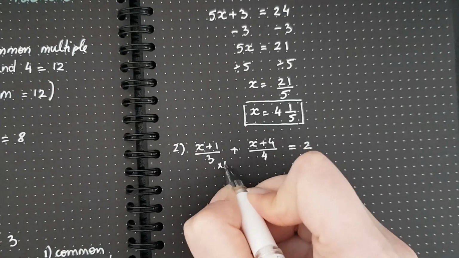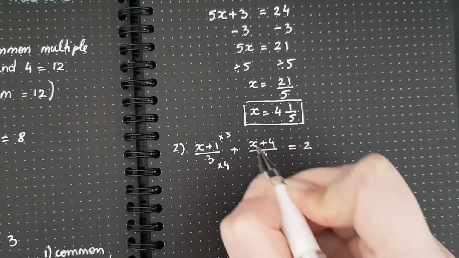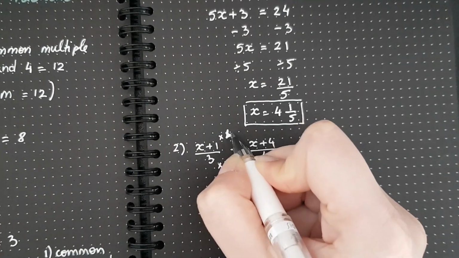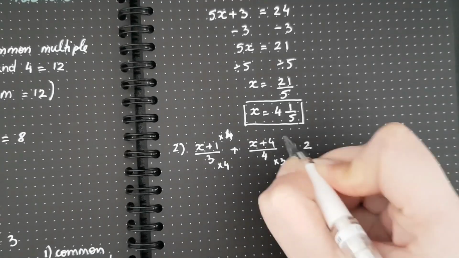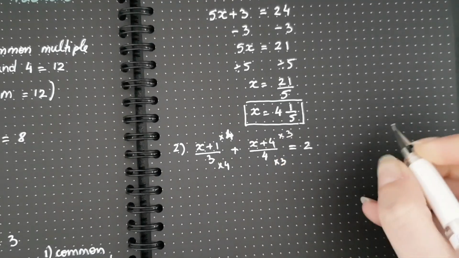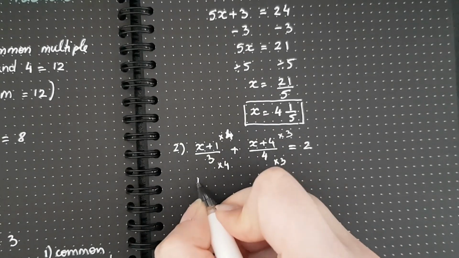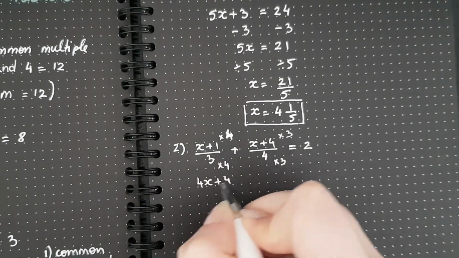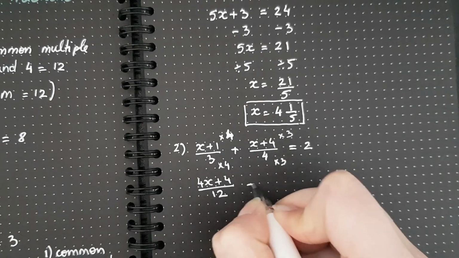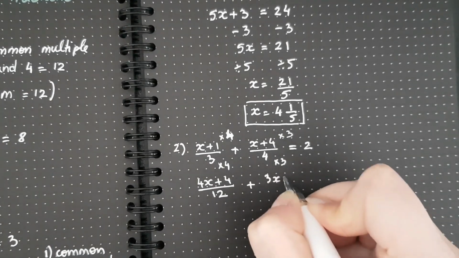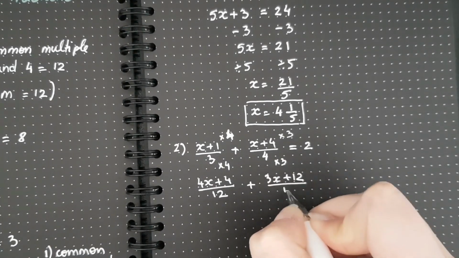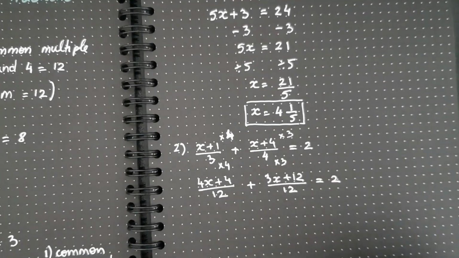So I'm multiplying this by 4 and this by 4 again. This by 3 and this by 3. So my common denominator in this case is 12. So I've got 4x plus 4 over 12 plus 3x plus 12 over 12 equals 2.